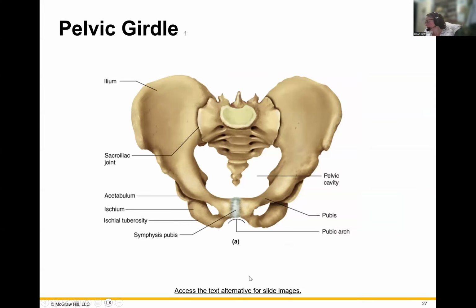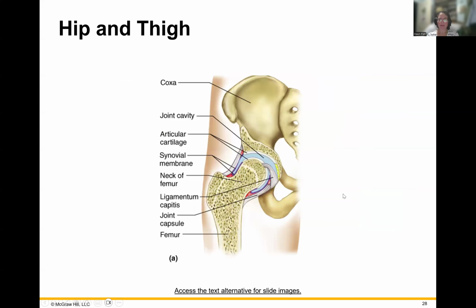Right. So now we get into the pelvic girdle, and these are the bones of the pelvic girdle, otherwise known as your pelvis. We've got our ilium, our acetabulum, our ischium, our pubic arch. And then now we go to the hip and the thigh area. So this is where your hip socket is.